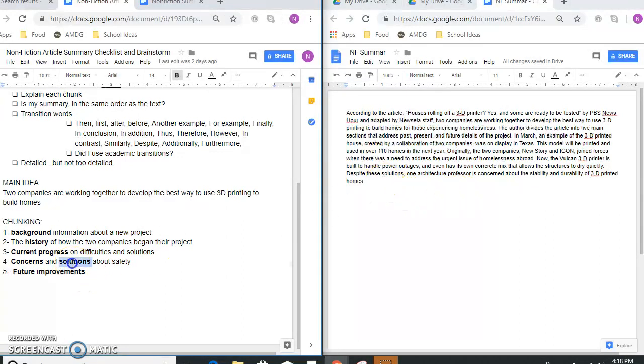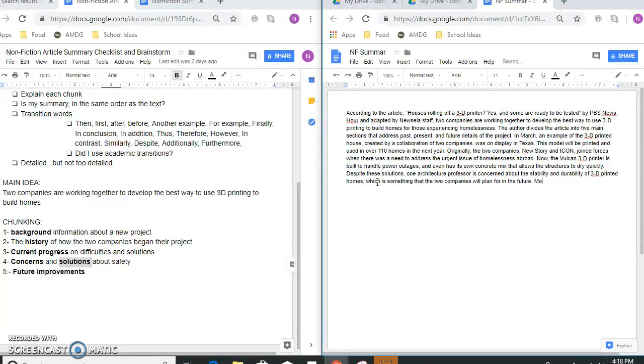Well, I should probably include the solutions here, right? Despite these solutions, one architecture professor is concerned about the stability and durability of 3D printed homes, which is something that the two companies will plan for in the future.